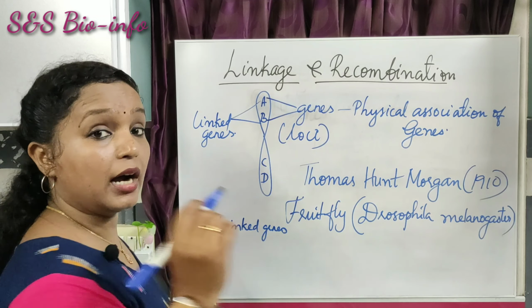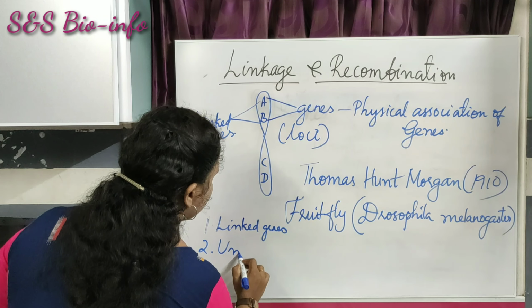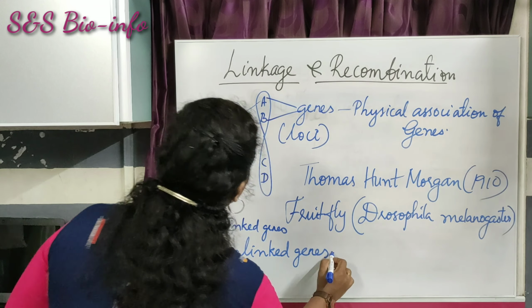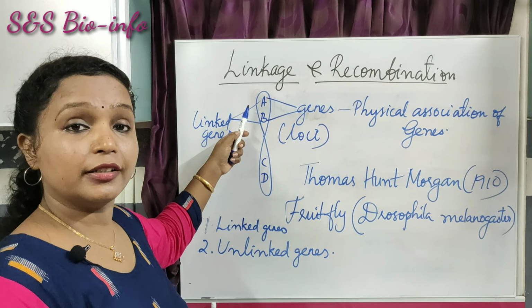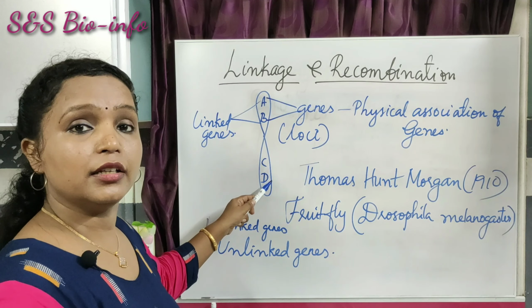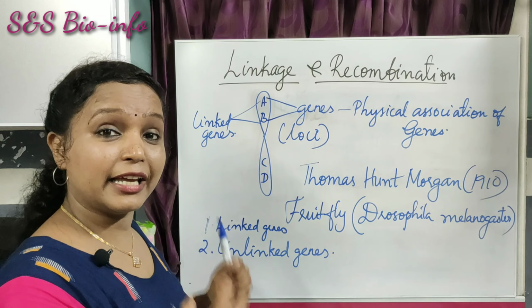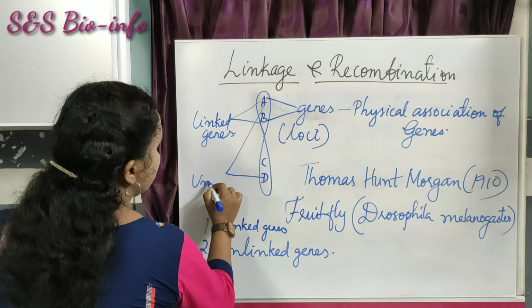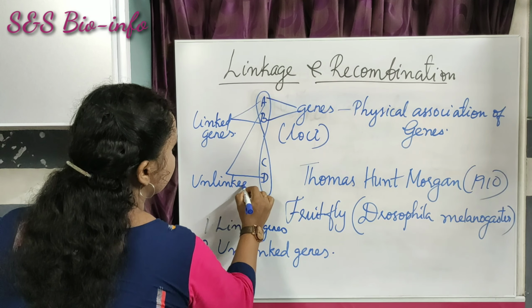The second one, unlinked genes. Here again, look at the diagram. The genes A and D are distantly located on the same chromosome. The genes A and D are known as unlinked genes.